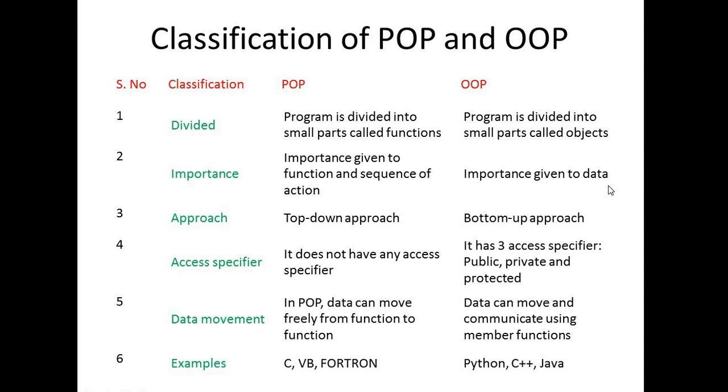Rather than the procedure, more preference is given to the data with which we are going to work. Object-oriented programming completely relies on the data with which it executes the task. In procedure-oriented programming, preference is given only to the procedures and the functions we have created.